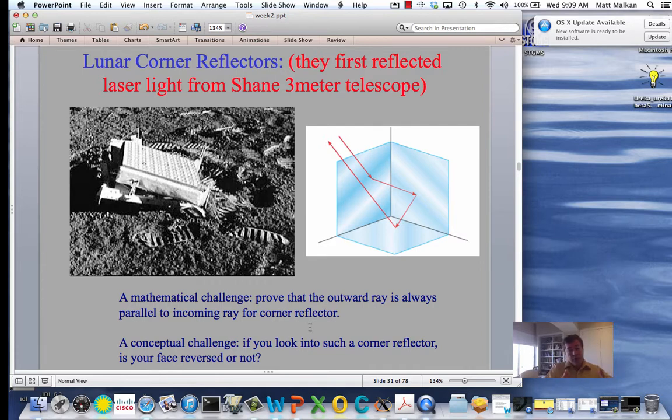Now here's an interesting question. Suppose you were to rig up one of these 3-corner half-cube mirrors. This is getting a little fancy. You won't find this in a Hollywood dressing room, but that way you could look at yourself from any angle and you would see yourself in this. Would you see yourself as others see you? Or would the handedness be reversed? Well, let's see. It's a triple reflection.